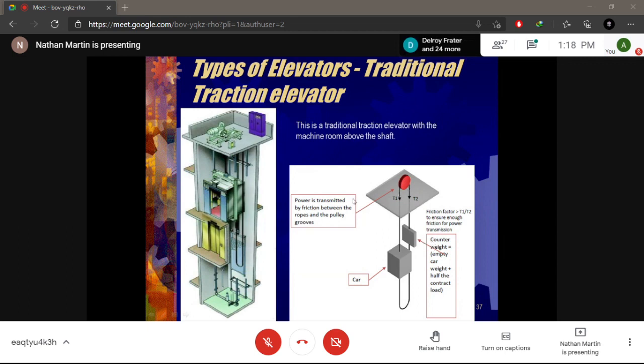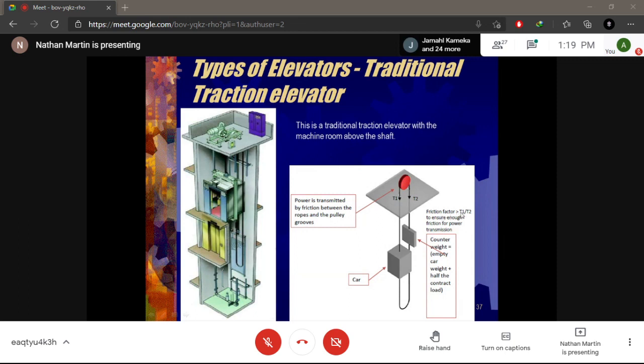So here is really what is happening when we look at the force diagram, right? Power is transmitted by friction between the rope and the pulley, right? Because you have the weight of the car, you have the counterweight, which will hold the cable onto the pulley, right?